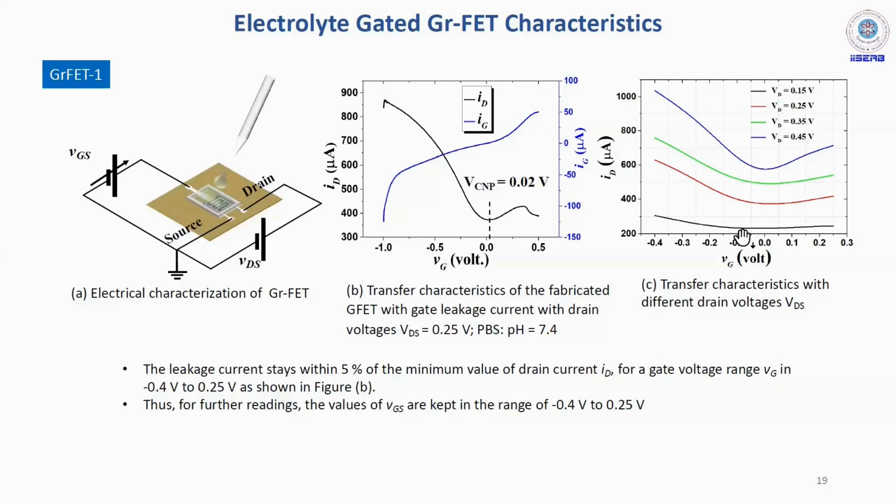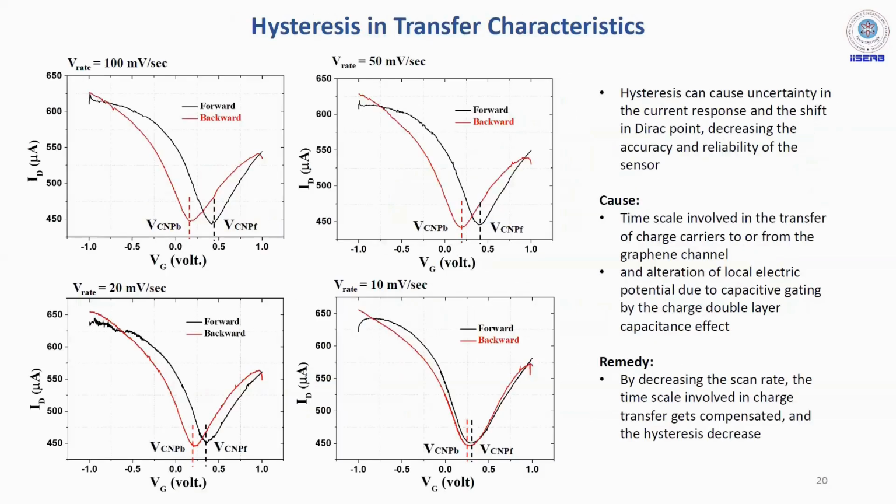We have characterized the device, and we could see an increase in current, which should be the case for an FET structure. We further analyzed the hysteresis of the transfer characteristics for both backward and forward voltage conditions.